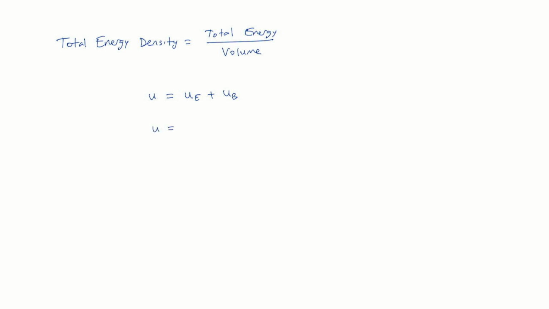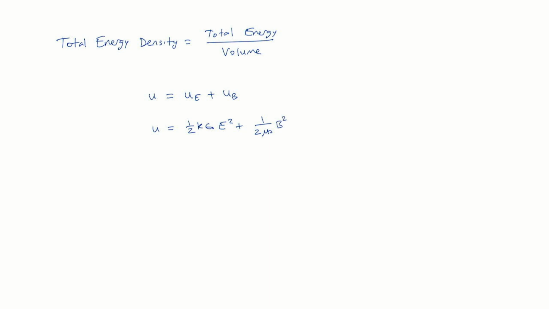And so we found that U sub E is 1/2 kappa epsilon 0 E squared, and U sub B is 1/2 mu 0 B squared.